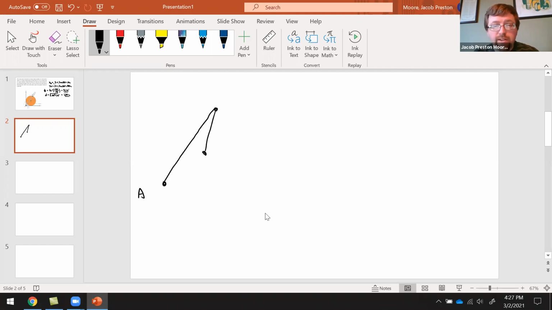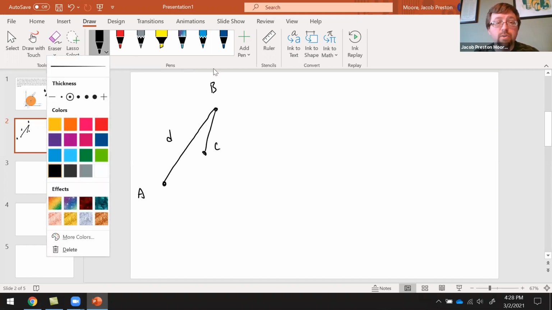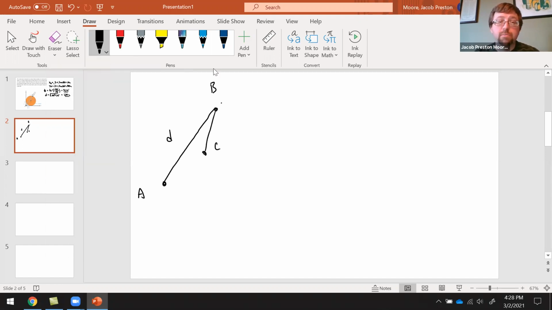So A is down here. D is the current length. It is going to change though, so A and B aren't a constant length apart. B is up here, C is down here. The R1 direction would be going from A out to B, like so.